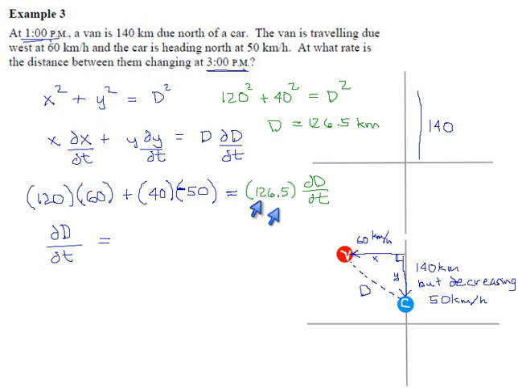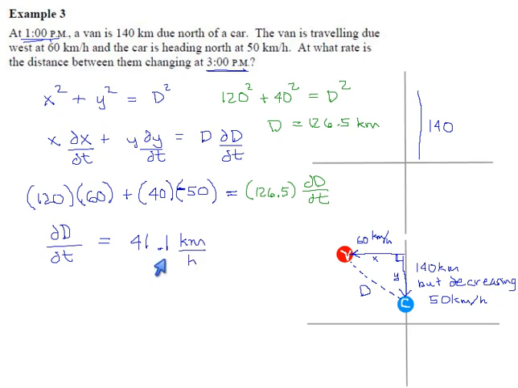Divide by 126.5, and I find that dD/dt is 41.1, and its units should be distance over time, so that should be kilometers per hour.